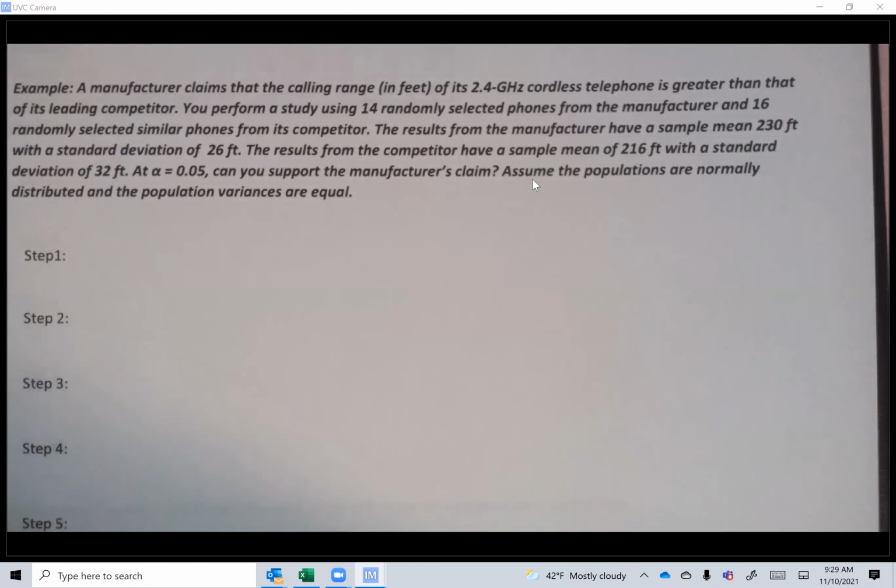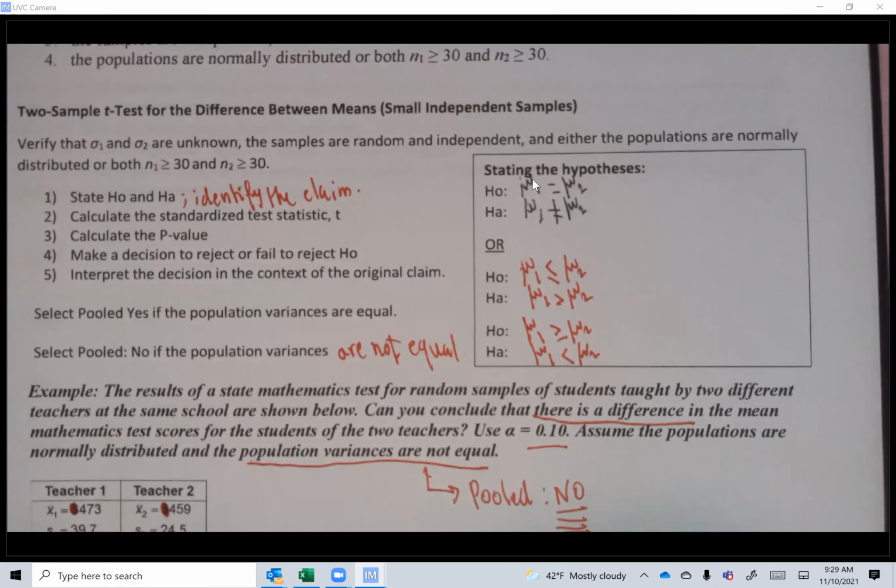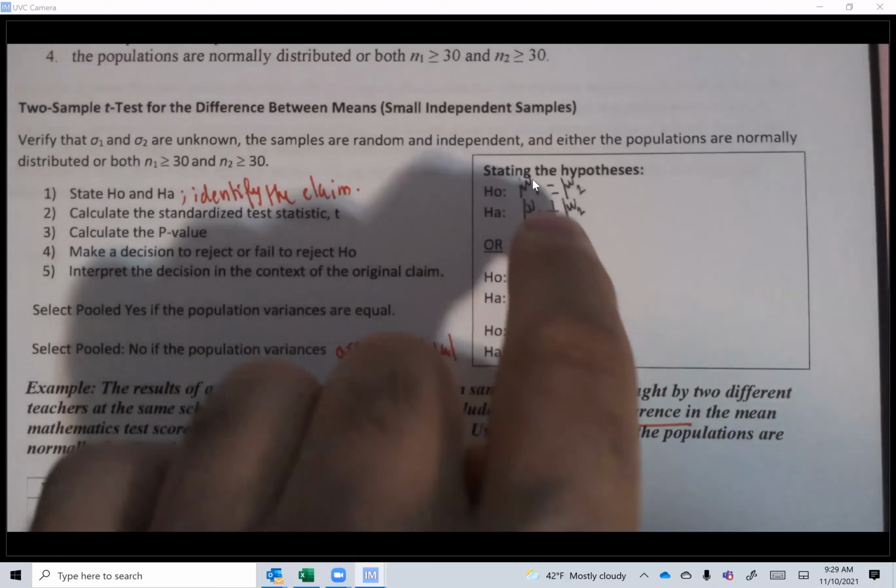A manufacturer claims that the call-in range in feet of its 2.4 gigahertz cordless telephone is greater than that of its leading competitor. Okay, guys, can you tell me which set of hypotheses you will be using? First, second, and third.